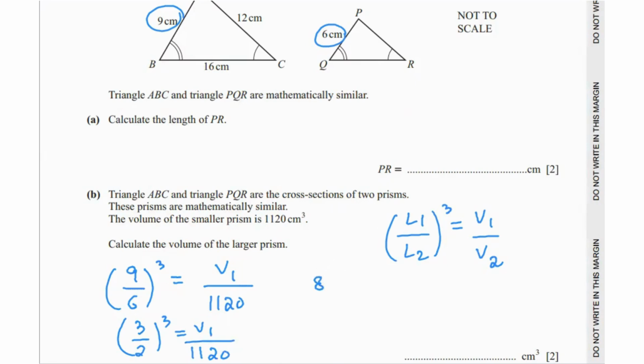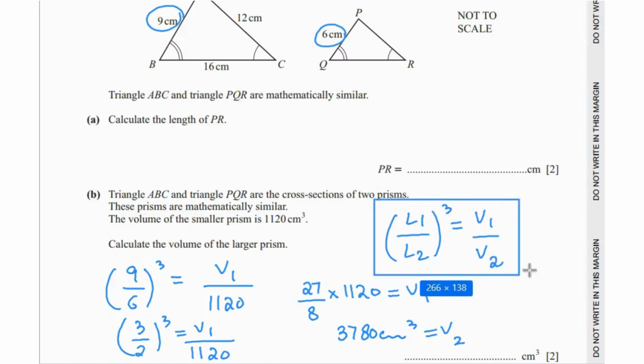So that's 27 over 8. Cross multiply by 1120 to isolate V1 on one side. And let's see what we get for that. That gives us 3780 centimeter cube for the volume of the larger prism.